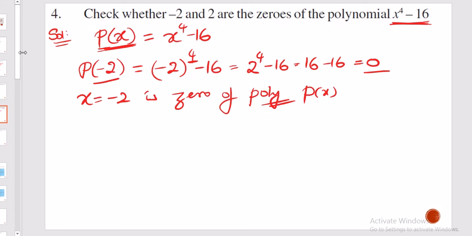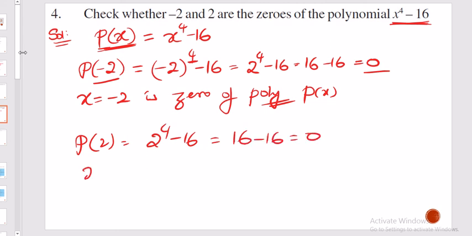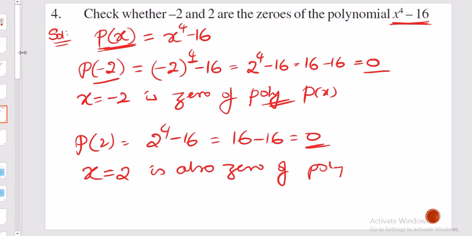Here I am not writing the polynomial completely, just representing it as p of x. Next, talking about p of 2, it is 16 minus 16, which is 0. So clearly again we got the value of the polynomial as 0. So x equal to 2 is also a zero of the polynomial p of x.